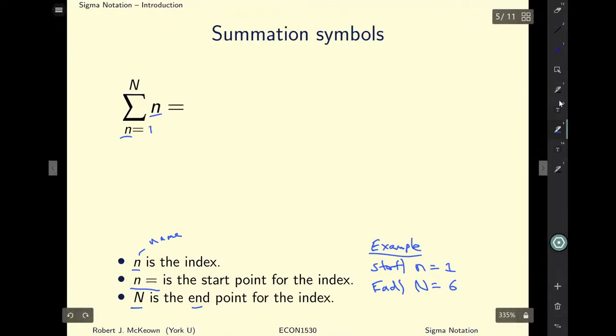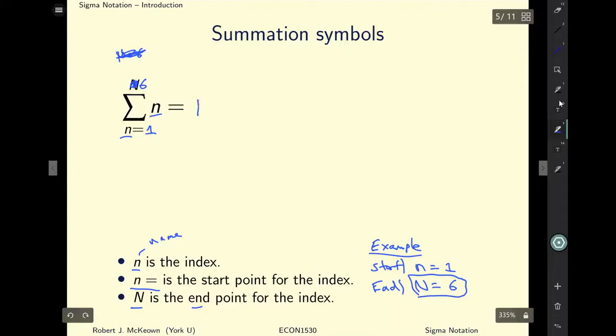I'm going to add my start point right there. I could do a couple of things. Well, I know that capital N is equal to 6, so maybe I would just scratch it out and put the 6 directly up there. I could do that, or I could just leave the capital N. You usually do not see something like capital N equals 6. That's not usual. And now I'm going to complete the summation operation.